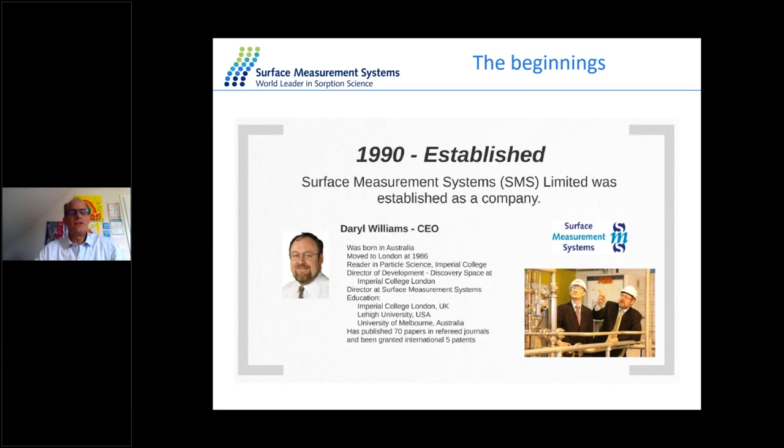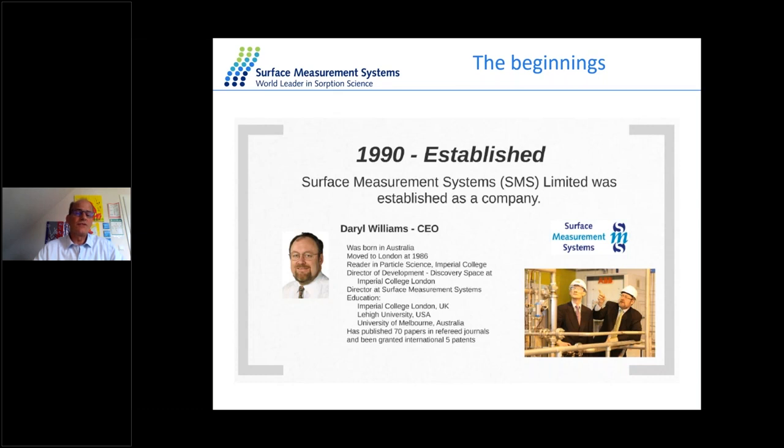The company was established by Professor Daryl Williams. He was born in Australia, went to the US, was at university in Australia, and has for many years also been at Imperial College.